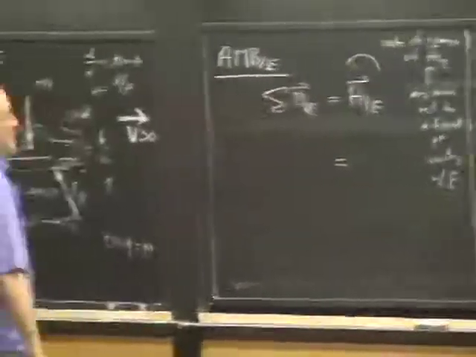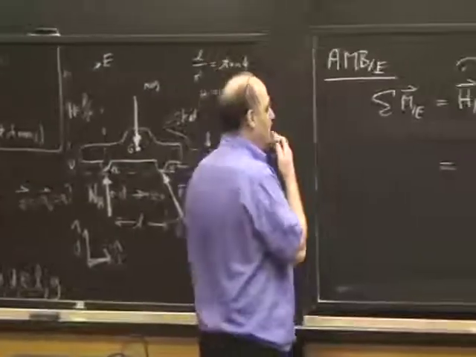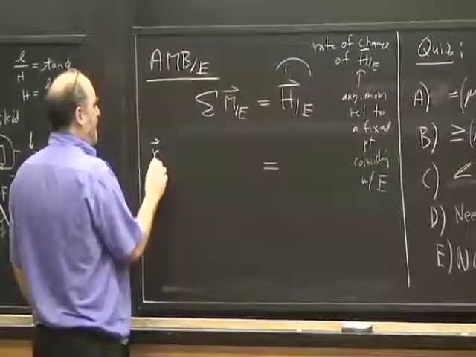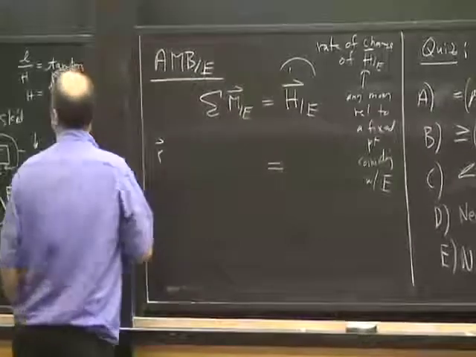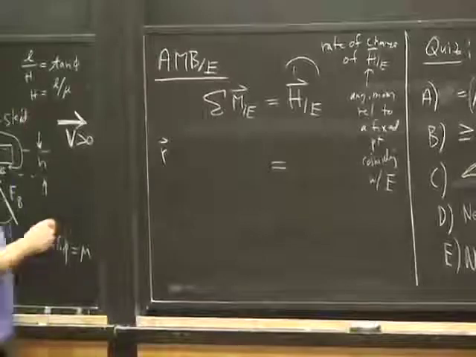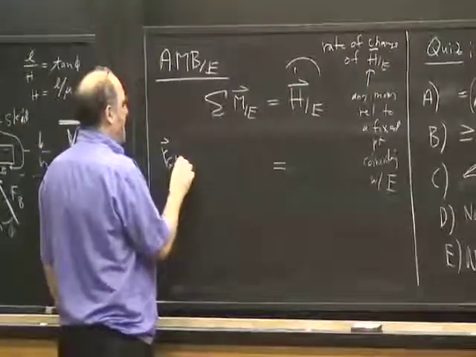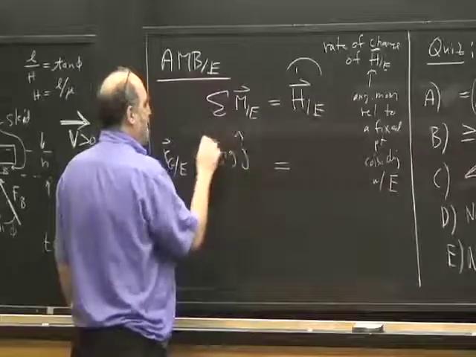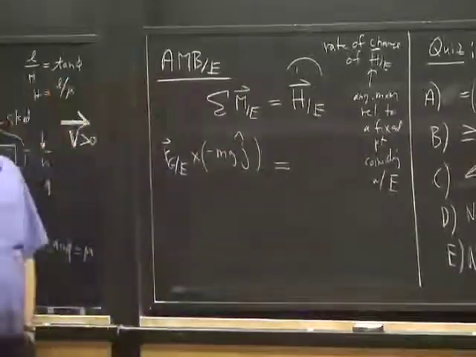Let's just do the calculation in detail so we can do the algebra. What are the sum of moments relative to E? It's the position of all of the relevant forces. These two forces have no net moment relative to E. So it's the position of G relative to E crossed with minus mg j. This is all that we have on the left-hand side, plus 0, plus 0.